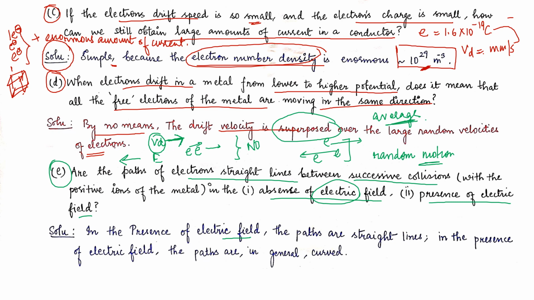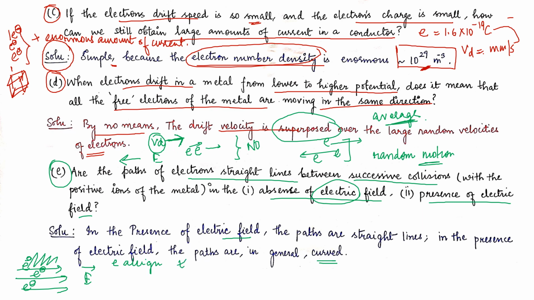In the absence of an electric field, the paths are in general curved. How does that happen? This is the electric field in this direction, and this is an electron. These electrons are randomly moving. As soon as the electric field is applied, these electrons align themselves in a straight line.